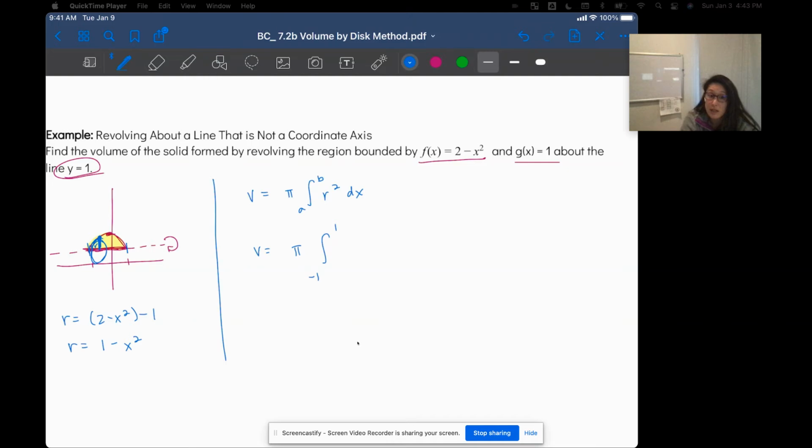If you need to set the two equations equal to each other, you can. Okay, so we can figure out the intersection by saying 2 minus x squared is equal to 1 and solving. So I get 0 is equal to x squared minus 1. Let's subtract 2 from both sides, minus 1.